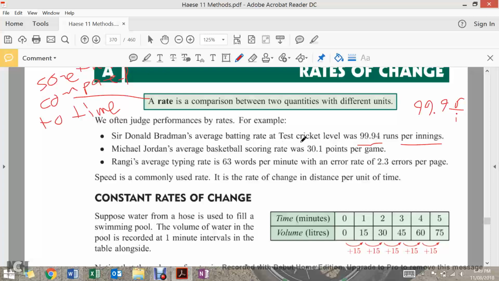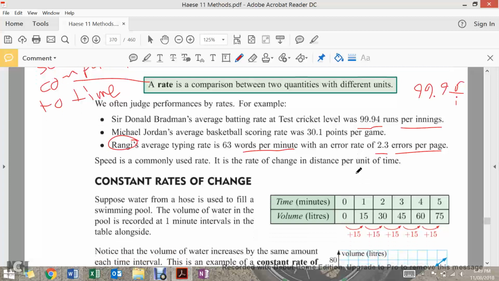Michael Jordan's average basketball scoring rate was 30.1 points per game. That's pretty insane. So again, points per game. There's your rate right there. Rangi's average typing rate is 63 words per minute. I've got no idea who Rangi is. Maybe it's Raging Ranga. I don't know. My long lost cousin. 63 words per minute. There's a rate right there. And errors per page. There's another rate right there.